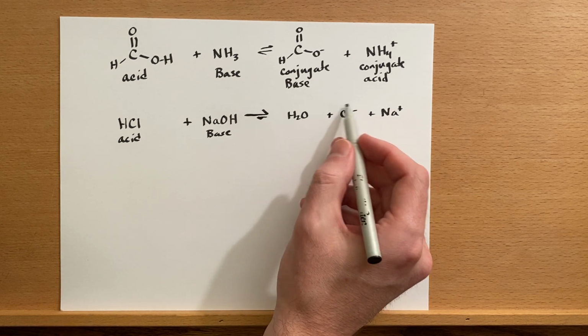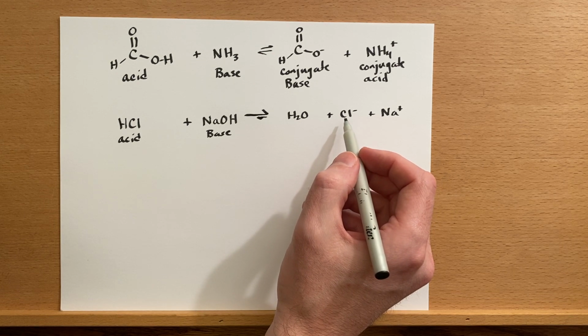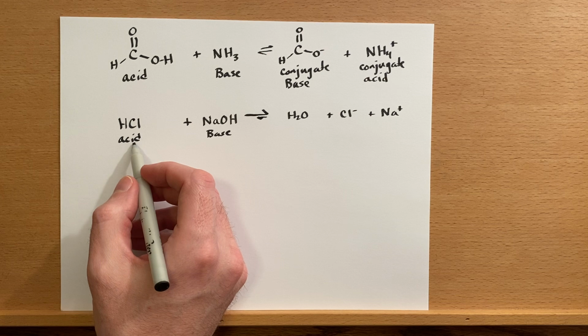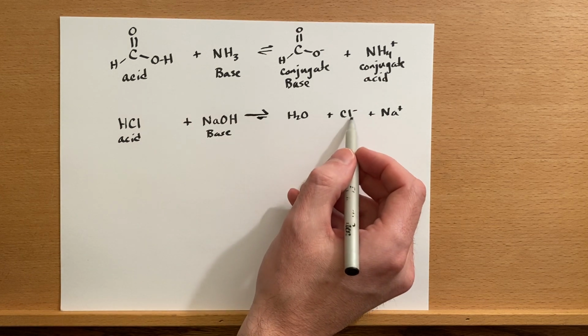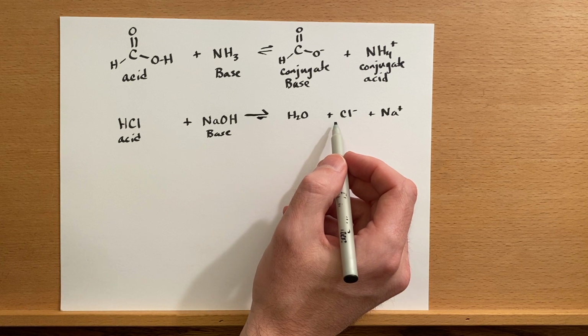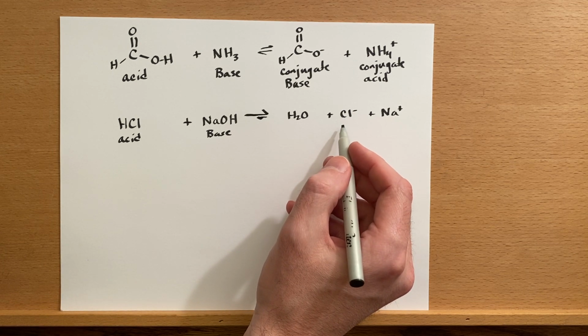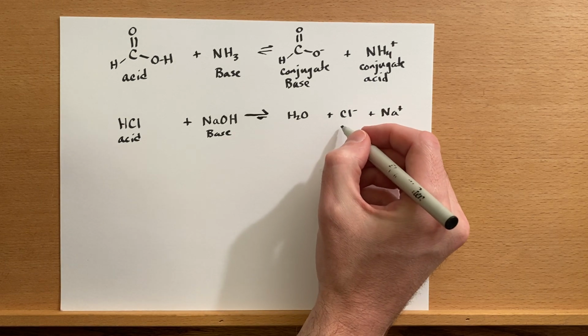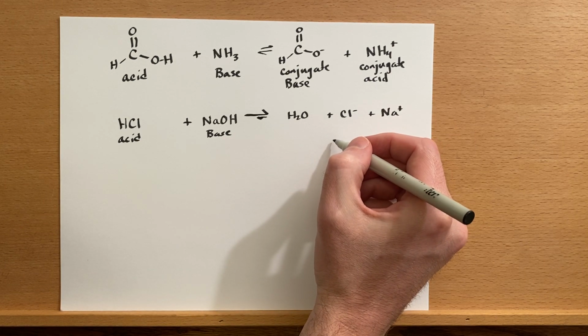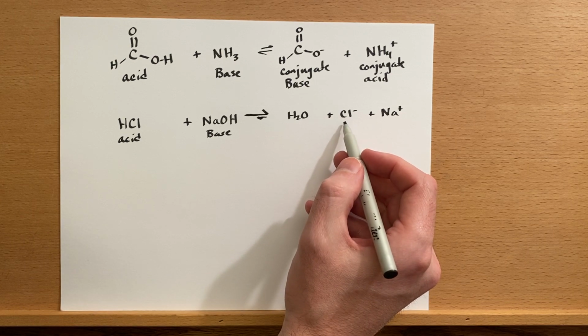This chloride, though, is actually the conjugate base for that acid, right? Because we've lost an H plus. So in this case, this would be considered the conjugate base. And make no mistake, this is a terrible base.